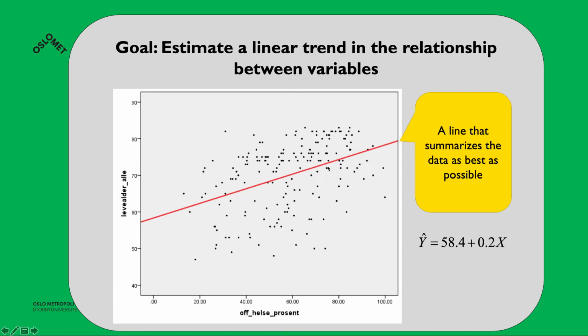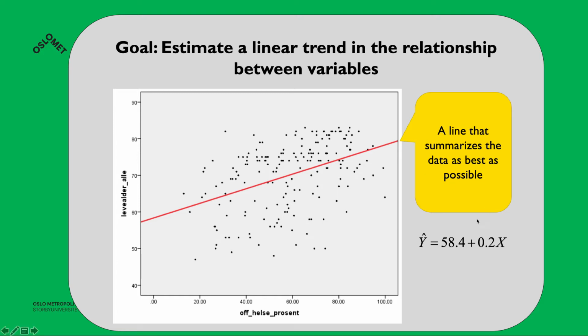So it really shows that, and all these dots are countries, there are different values on life expectancy and on how large a share the state uses on health. And what we can see is that the larger the state's share of the total health expenditures, the higher the life expectancy in these countries.